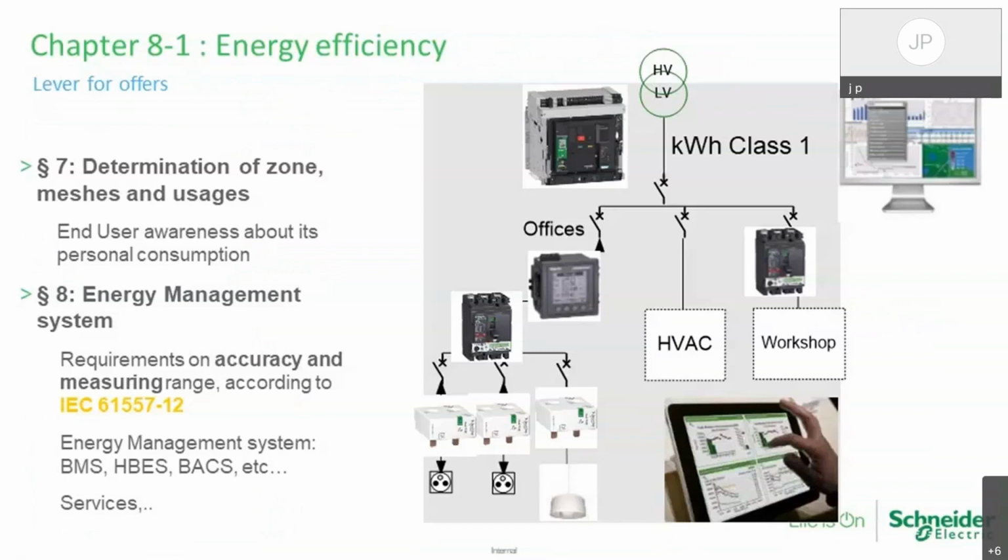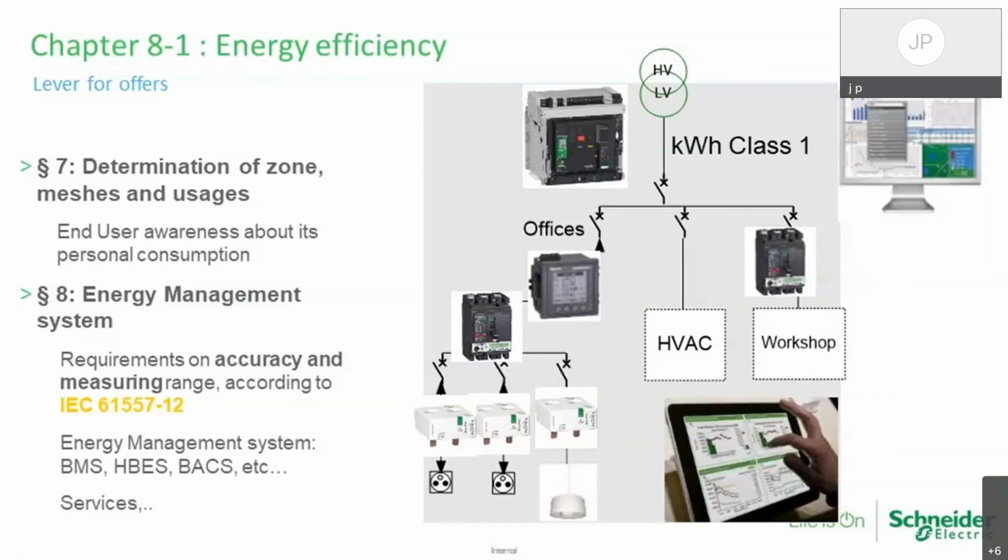In this chapter, we are going to use the different parts. On the method, we are going to define what we call zone, mesh, and usage. Based on that, you are going to probably make new circuits in order to better control your usage of electricity.